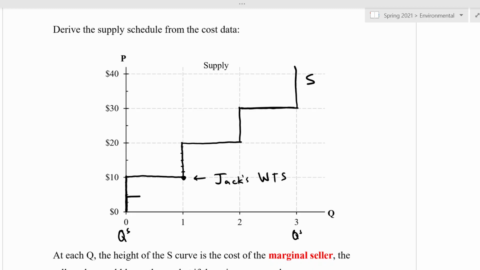When we have more people, just as before, we're going to have more steps, and then we're going to have more marginal sellers, and it's going to become smoother and smoother like a nice market supply curve. Okay, and again, if that price is any lower, he's immediately out of the market. Quantity supplied goes to zero. So that's this idea of the marginal seller.